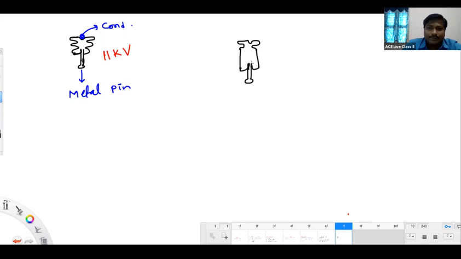Again, on the top you'll be keeping that conductor. And this is for 415 volts 3-phase, or else 220 volt single phase. So these are the different types of pin type insulators you can observe outside. According to the voltage level, we will be using these insulators.